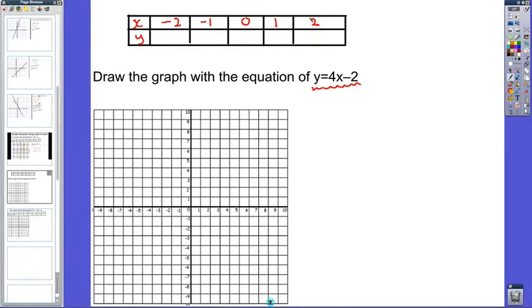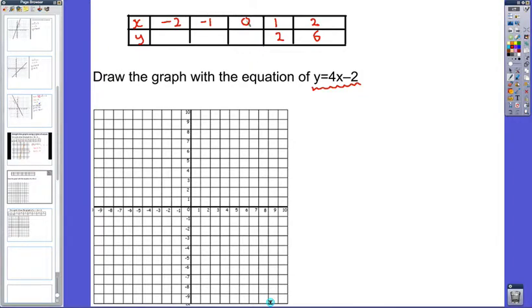Over at this point, our x is 2, so we've got 4 times x minus 2, so 4 times 2. Remember your x is 2 now, so 4 times 2 is 8, 8 take away 2 is 6. Now your x is 1, so 4 times 1 is 4, 4 take away 2 is 2.